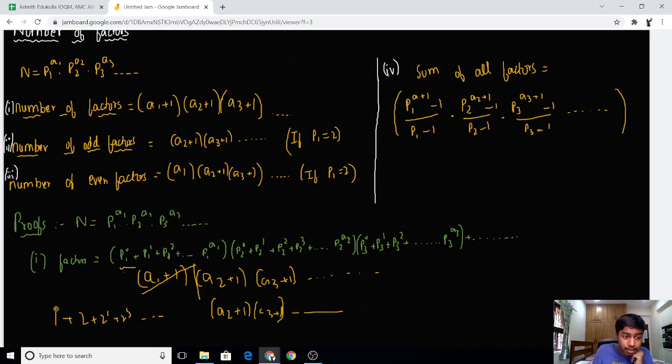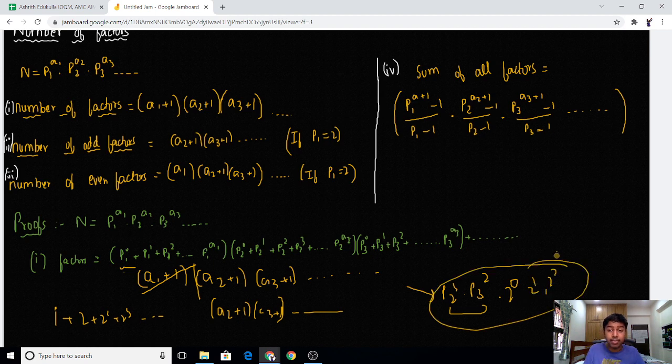Only the term with 2 power 0, when multiplied by p2 cube into p3 square, gives an odd number, because the factor 2 power 0 is getting multiplied here. If instead of 2 power 0 it is 2 power 1 or 2 power 2, then the whole thing becomes even. That is why this time I'm excluding 2 power 0. Because I'm excluding 2 power 0, it becomes a1 into a2 plus 1 into a3 plus 1, and so on.